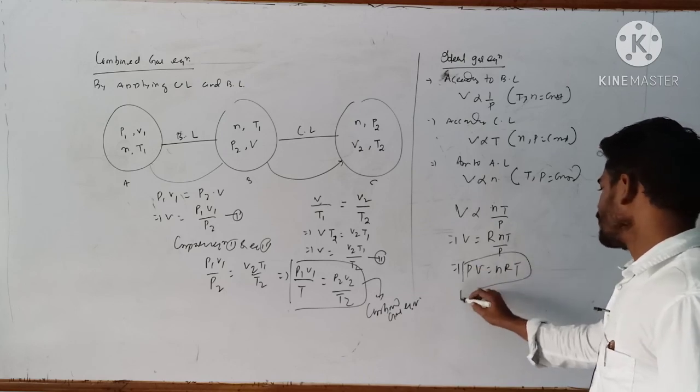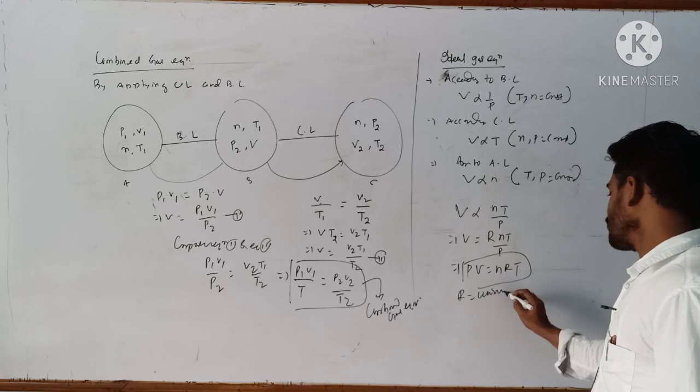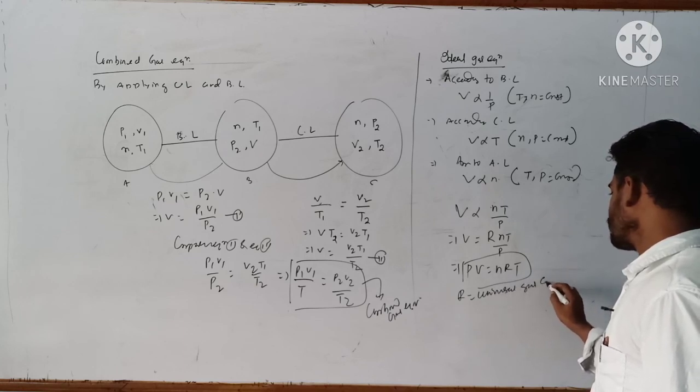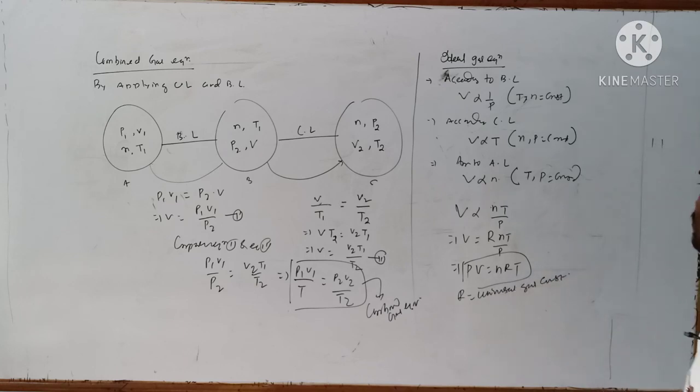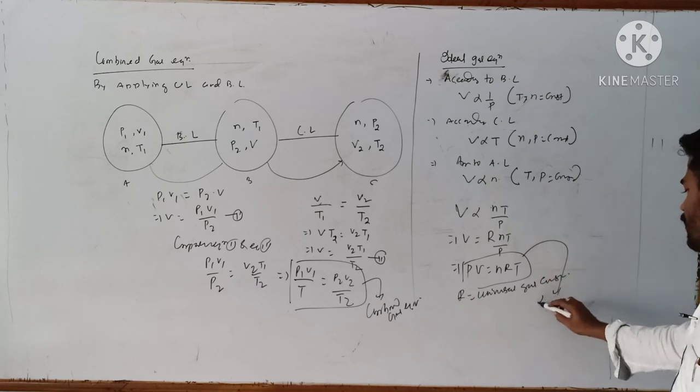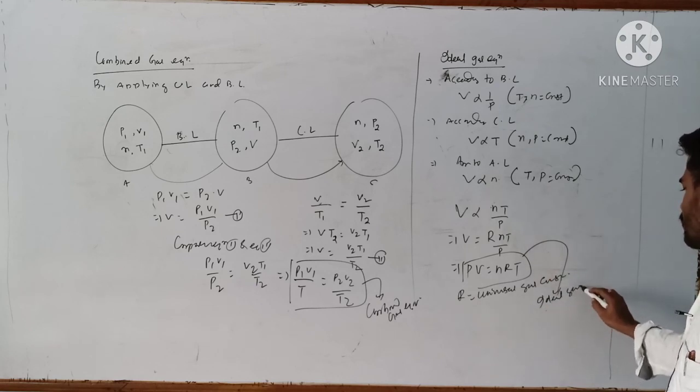So this R is called the universal gas constant. This is called the ideal gas equation. Very important, the ideal gas equation.